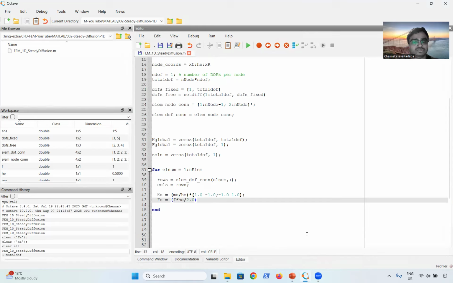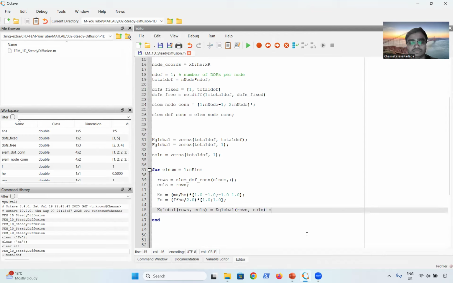So we assemble this into the rows and columns, and we add it to the previous values.